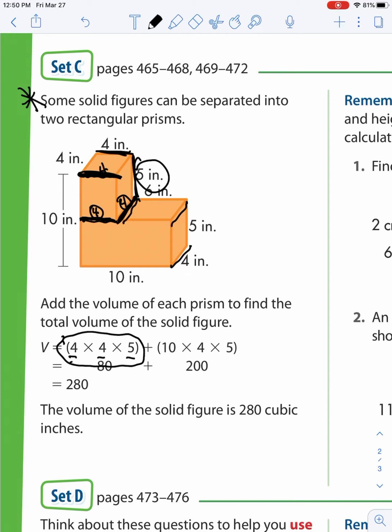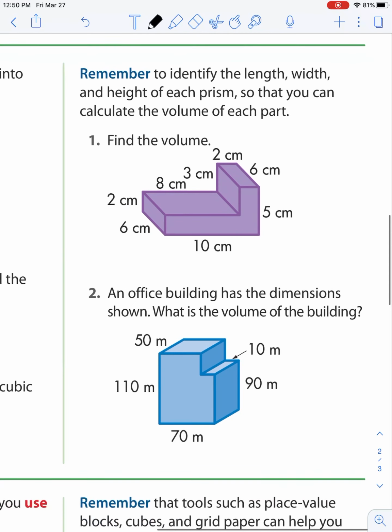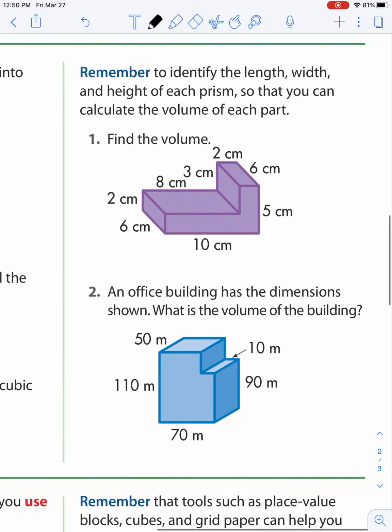The next one is going to be 10 times 4 times 5, which is 200. So 80 plus 200 is 280. So that's how to do it. So hopefully that clears that up. When you do the math for the 2 problems on the side, you're going to find probably you separated it like this.